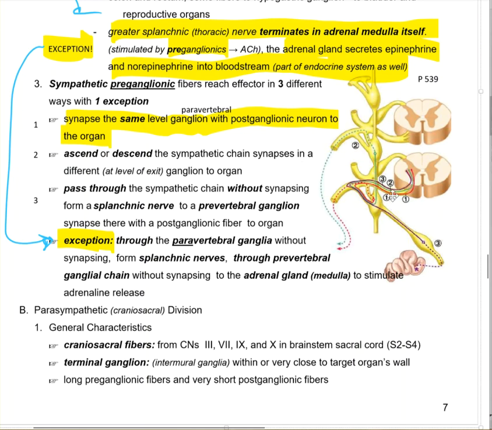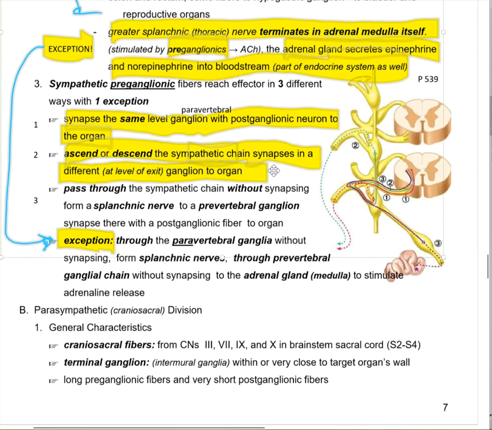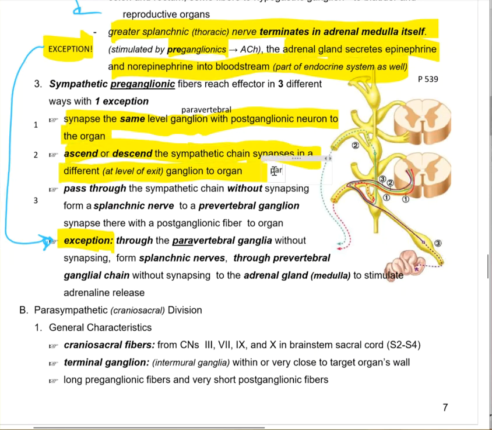And you can see it over here. They're all just mushed together here. It's harder to see. 2, we're going to ascend or descend the sympathetic chain. We're going to synapse at a different level ganglion of that organ, and guess what kind of ganglion it is again? See if I can write this in here. We'll write it over here. Paravertebral again.